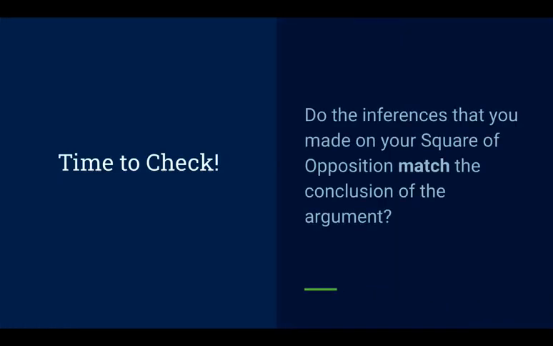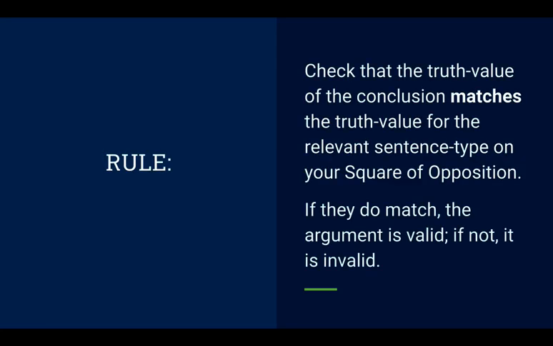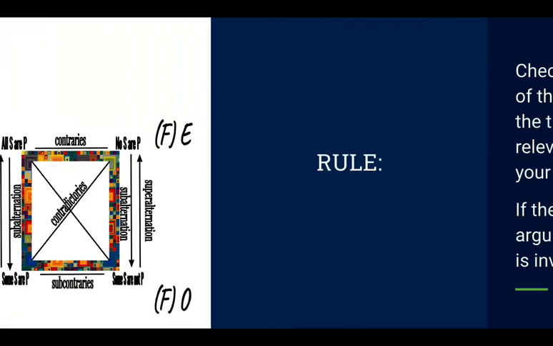Here it's time to check. Do the inferences that you made on your square of opposition match the conclusion of the argument? Well, here's the rule. Check that the truth value of the conclusion matches the truth value for the relevant sentence type on your square of opposition. If they do match, the argument is valid. If not, it is invalid.